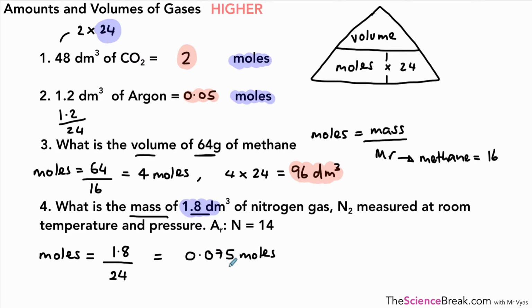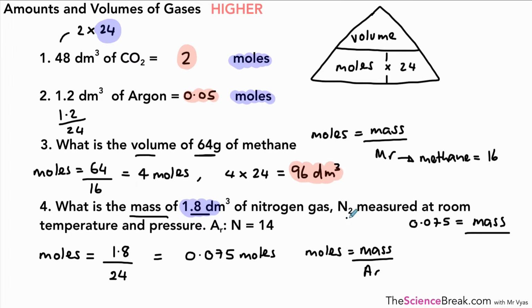Now, if we know the moles and we know the relative atomic mass, we can work out the mass of our nitrogen gas. So we use our second equation here. Moles is mass divided by the relative atomic mass of nitrogen. We know the number of moles, which is 0.075. So we would do 0.075 equals the mass, which we don't know yet, divided by the atomic mass of nitrogen.